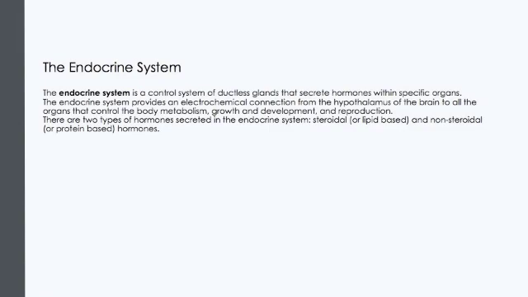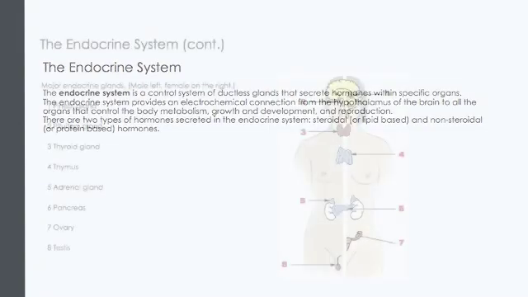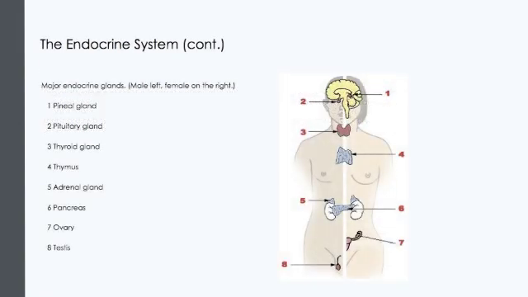Other organs are primarily non-endocrine but have some cells that secrete hormones. For example, the stomach is primarily a digestive organ but also releases a hormone that travels to the brain and stimulates appetite. And the cartoon in this slide shows the locations of the major endocrine glands of the human body.